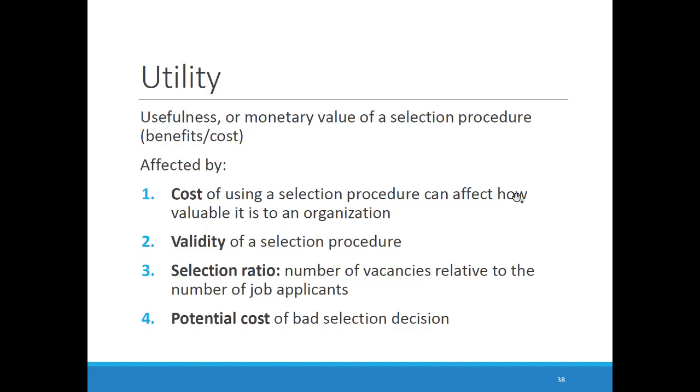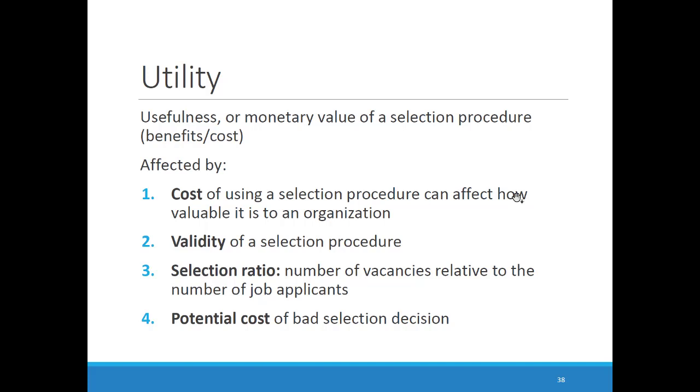And number four is the potential cost of bad selection decisions. So you might think of jobs for which it is really important to get good people in those roles, people who are going to perform well and not do counterproductive work behaviors. A few just off the top of my head include airline pilot, train conductor, bus driver, anyone who's in charge or in a position where other people's lives are in their hands.